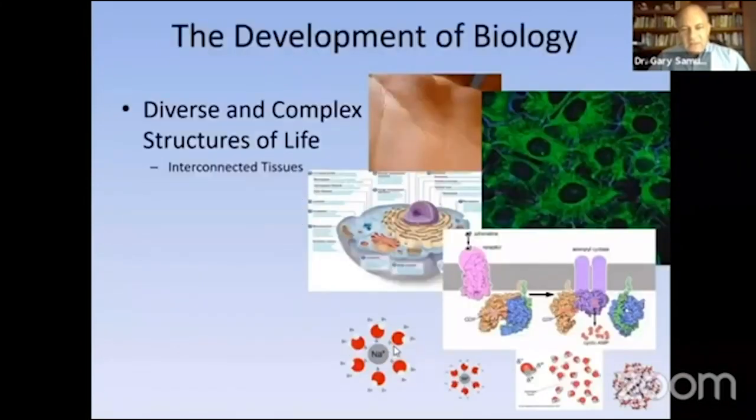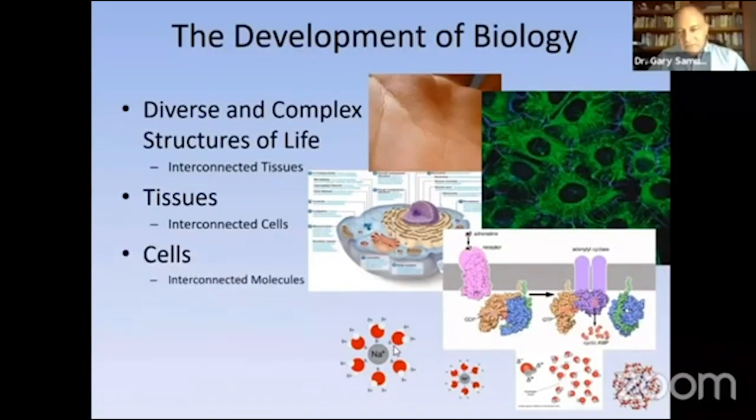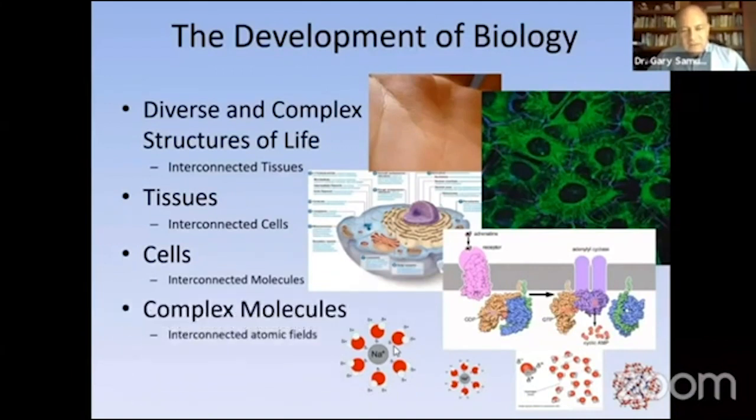As we're developing biology, we start realizing that we are made out of a bunch of tissues, and those tissues are made of interconnected cells. These cells have all sorts of things happening, just a metropolis of activity inside, from complex molecules that are connected and orchestrated, and they're all connected through the saltwater medium.